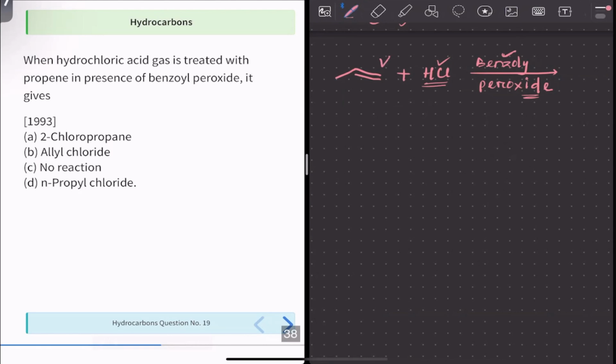If you see the mechanism here, it will break down to H plus and Cl minus. H plus will attack here and form a carbocation. The secondary carbocation will be more stable than primary, so the secondary carbocation will be formed and the chloride ion will attack this. So the final product will be 2-chloropropane.